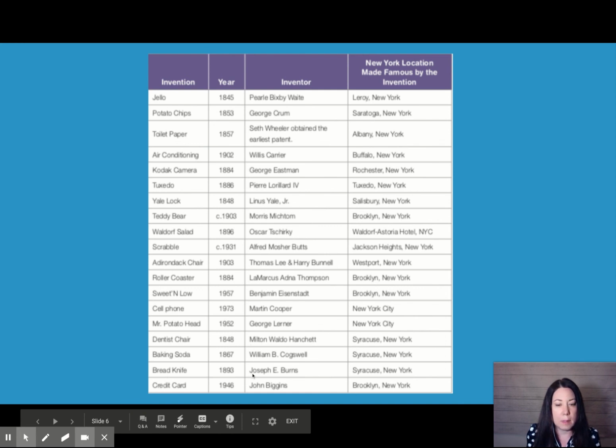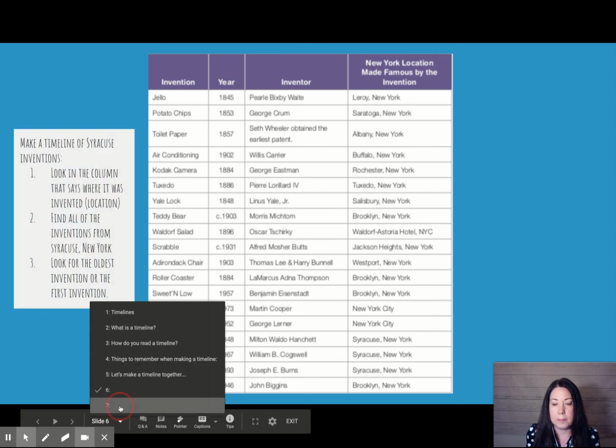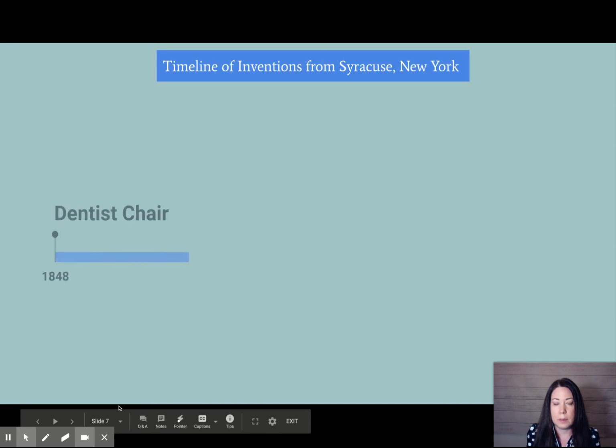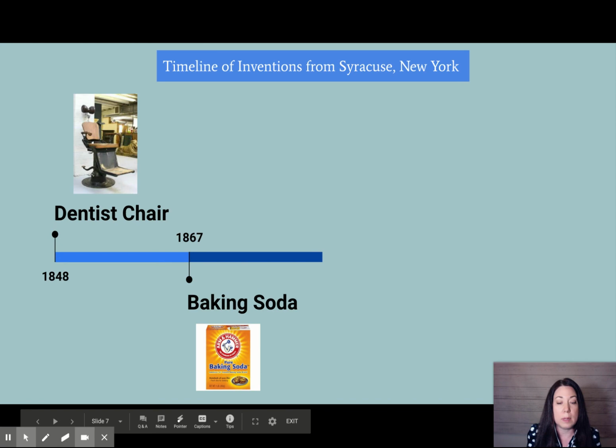Okay. So now we see baking soda, 1867. Aha, baking soda, 1867. There's a picture of baking soda.